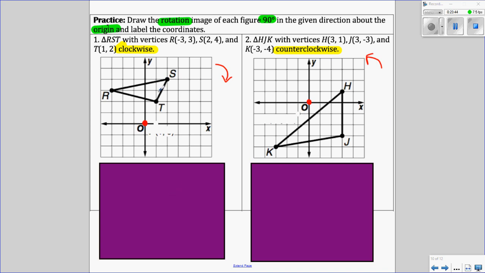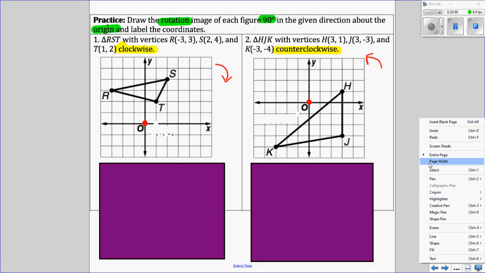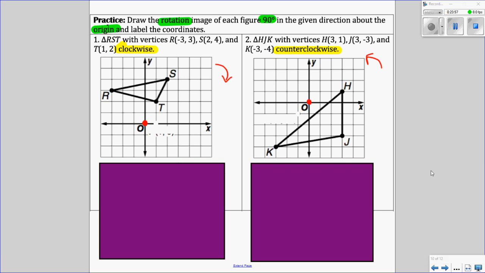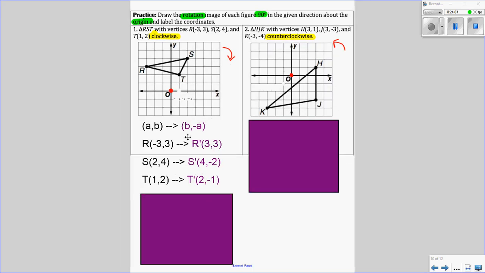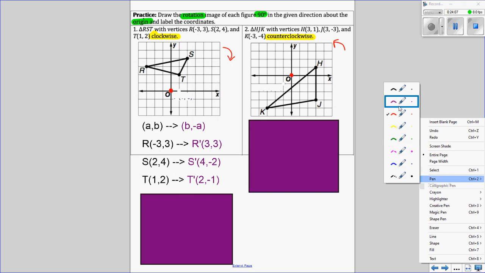So counterclockwise, if you turn your screen one turn, you'll see where the figure falls. But if you remember the little formula, you know that you switch the letters and the A will be negative. So once you do that, then you can plot your points. I'm going to plot that in purple.